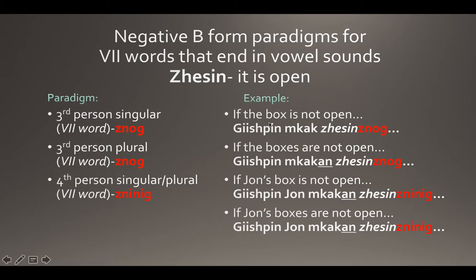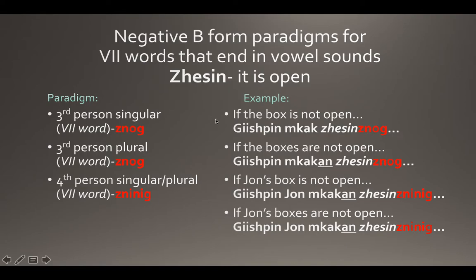So gishbin means if, mkuk means box, sin is our verb meaning open, and then we have our negative B form suffix, znug. So altogether we have gishbin mkuk jasin znug. That's our third person singular.